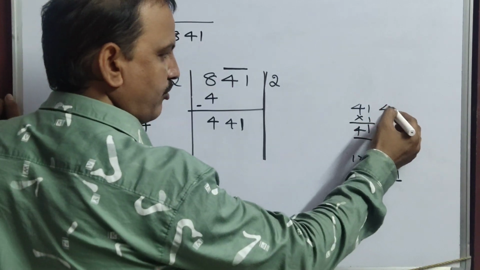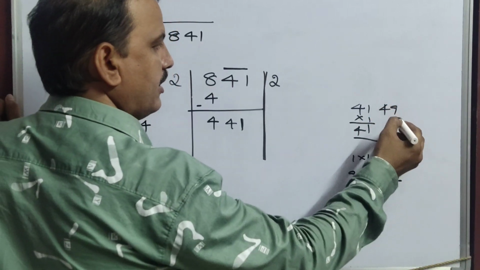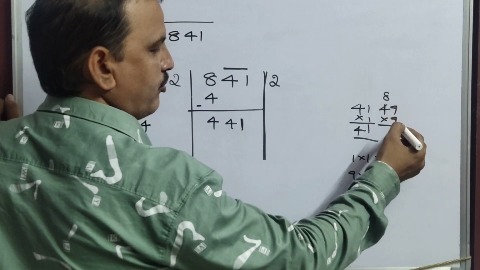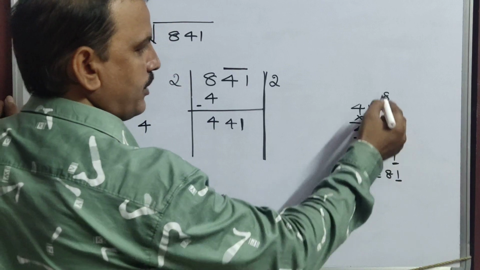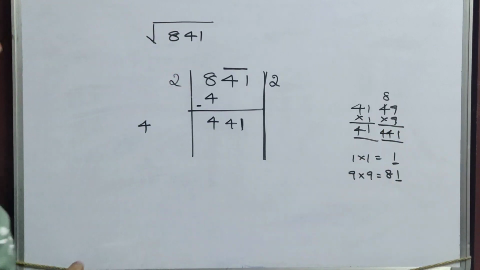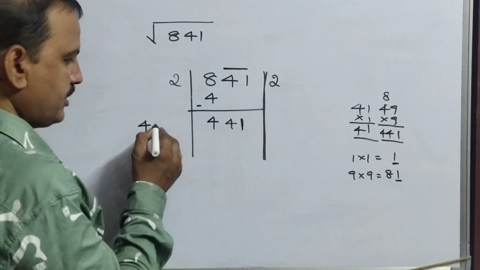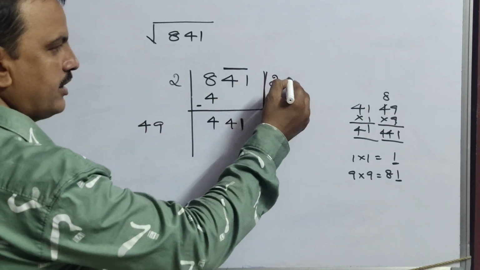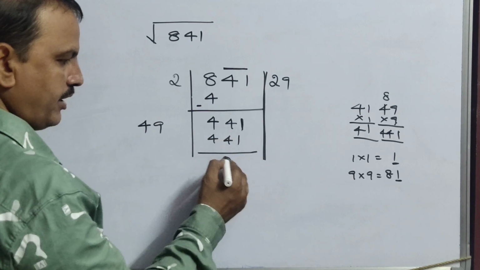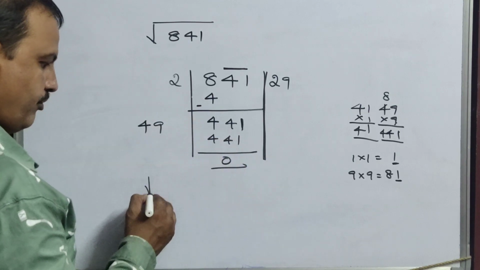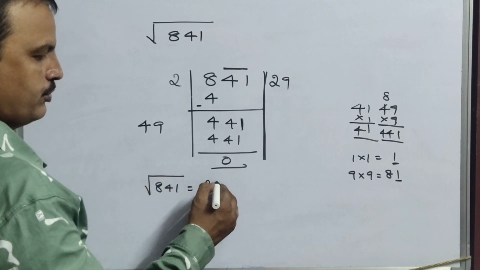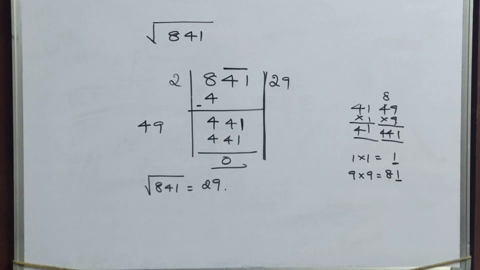So again write here 4 and write here 9 and 9. 9 9s are 81. 9 4s are how much? 36 plus 8 is 44, means 441. That means here 9 and here 9. 441, remainder 0. Therefore, the square root of 841 equals 29.